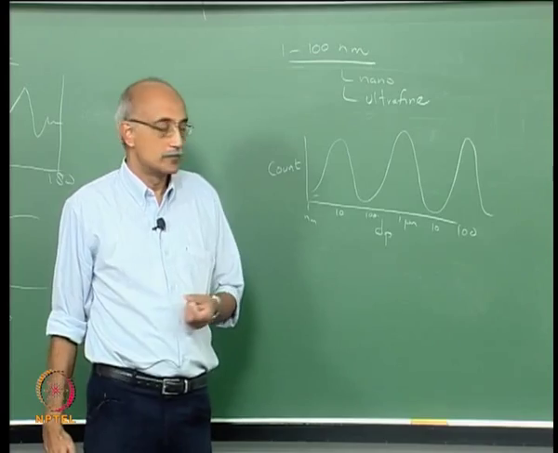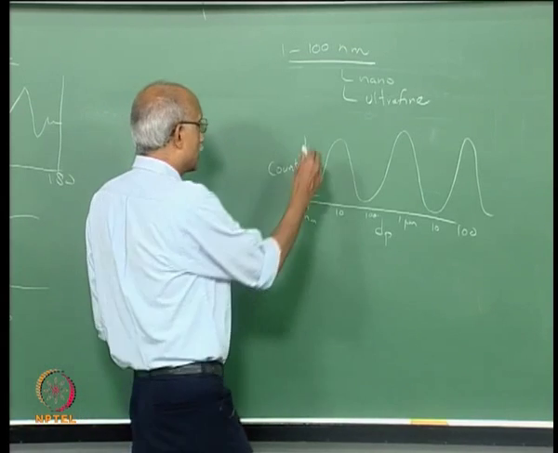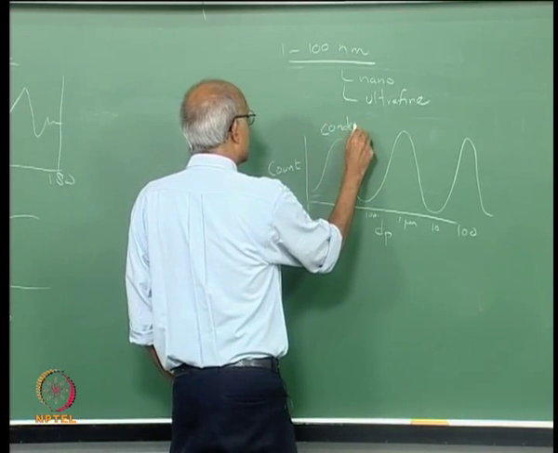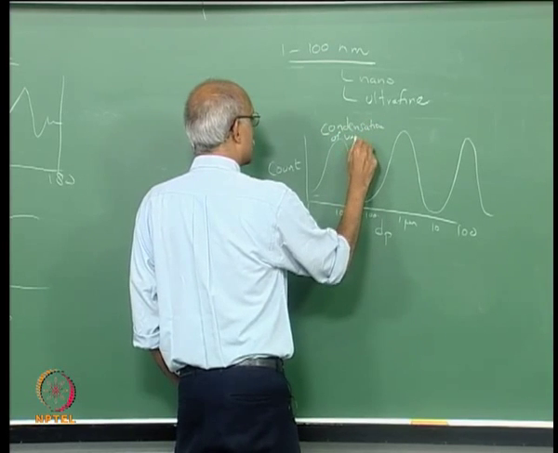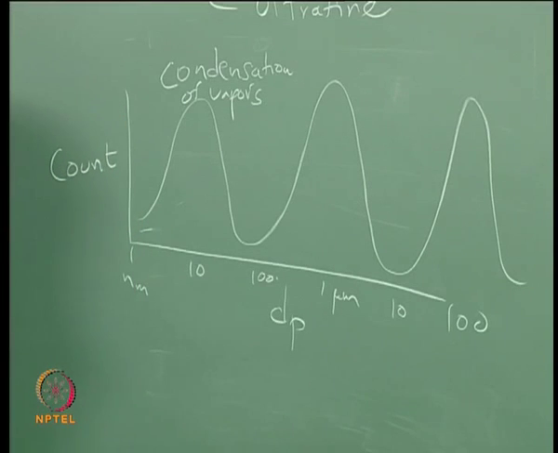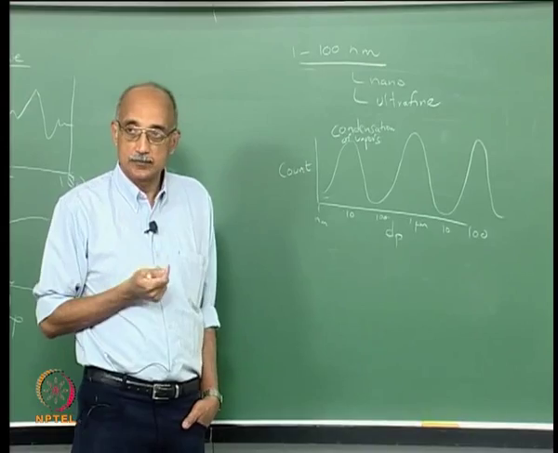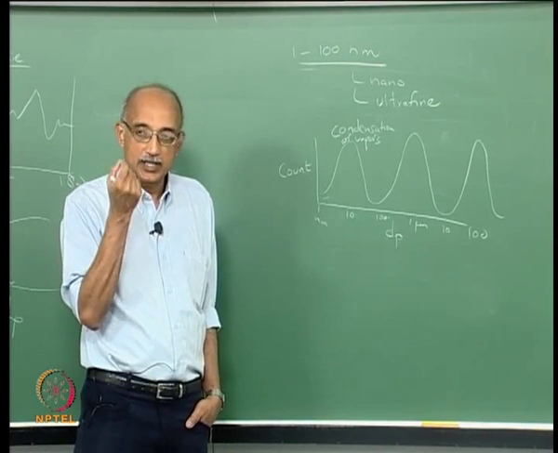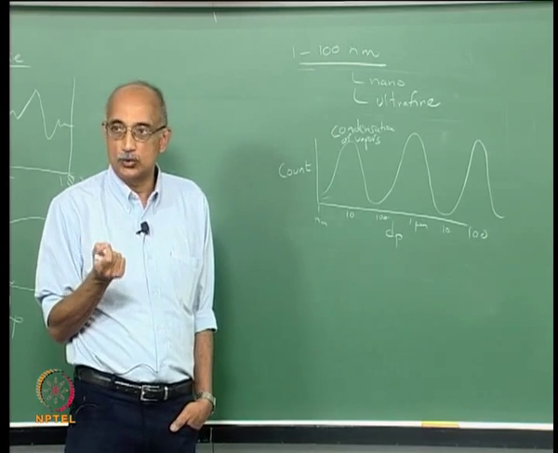And what is the reason for that? The very, very fine particles in this distribution are essentially caused by condensation of vapors. So for example, in the atmosphere, you have all these chemical vapors that are being emitted into the environment, which will condense, and when they condense, they will form what are known as nuclei or nucleates, right.